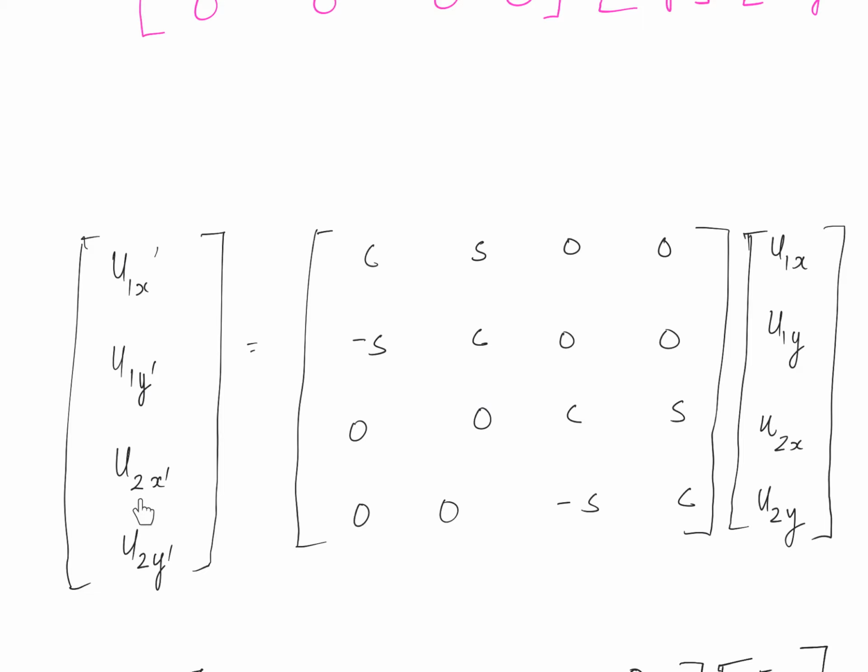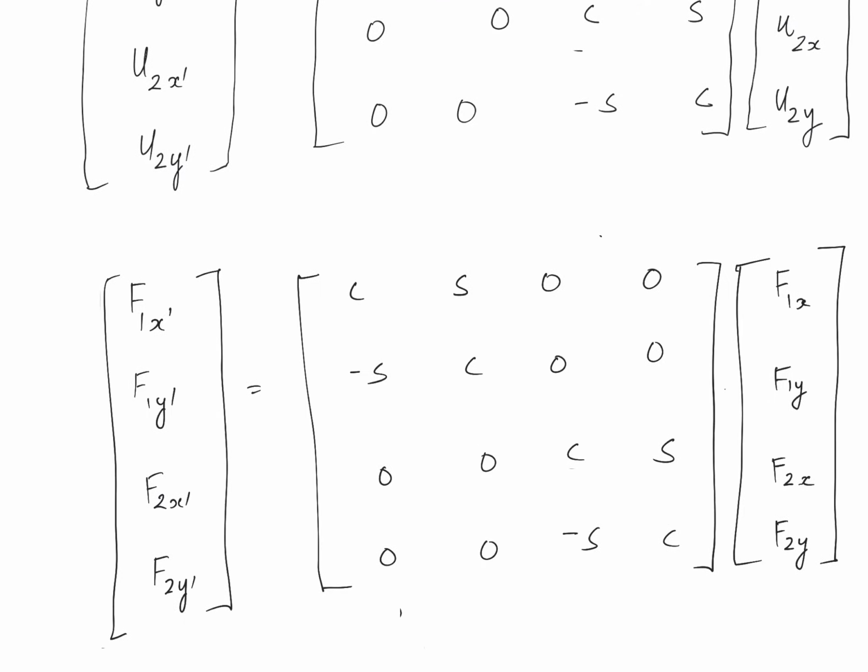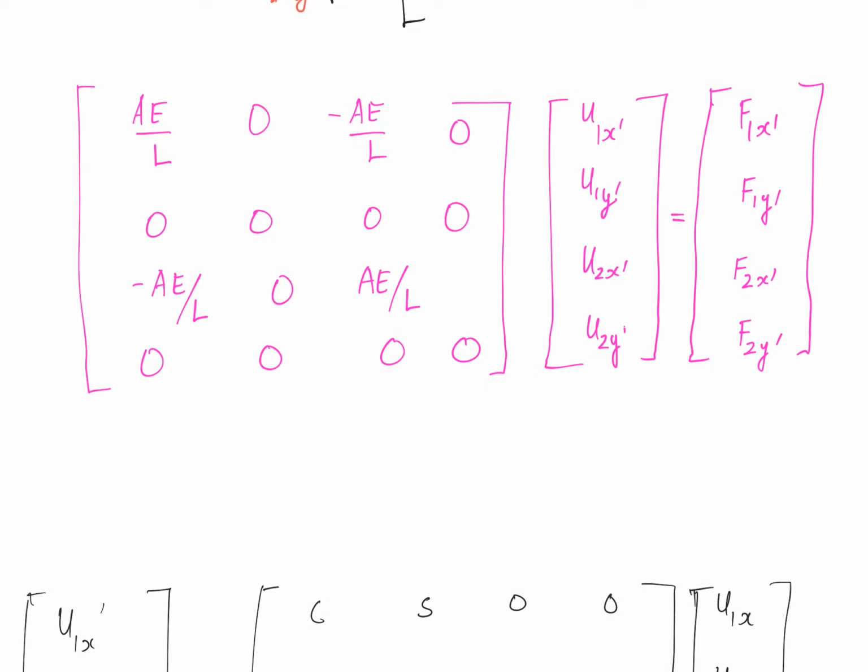The same holds for node 2 as well. This is the displacement of node 2 in the x prime y prime coordinate system. This is related using this matrix to the displacements of node 2 again in the xy coordinate system. The same holds true for the forces as well. So we are substituting for this now.